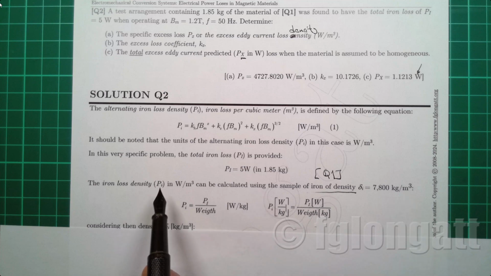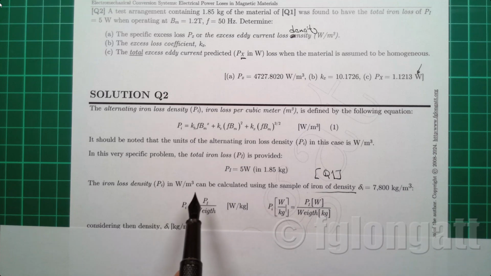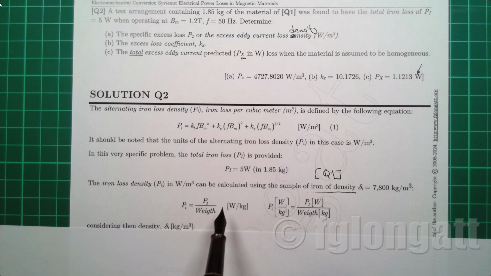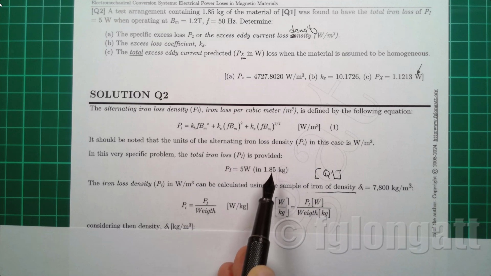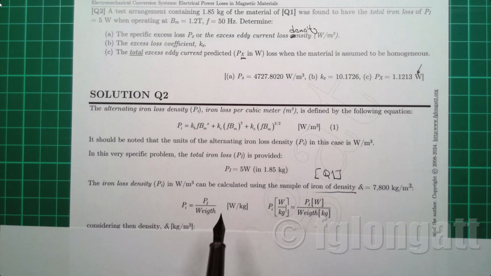So using this equation over here, we can obtain pi in lowercase, and in this case the iron losses in watts per kilogram, dividing the 5 watts that we already know by the weight that we already know, 1.85 kilograms.